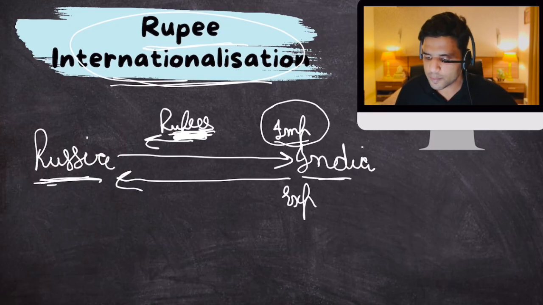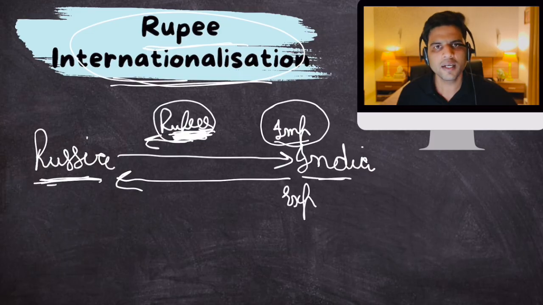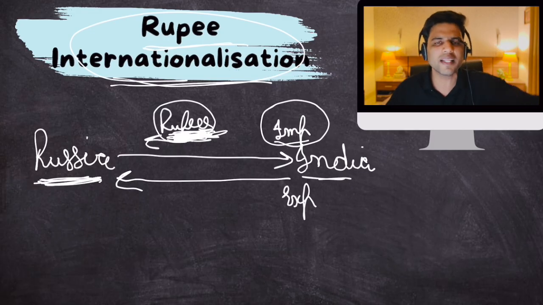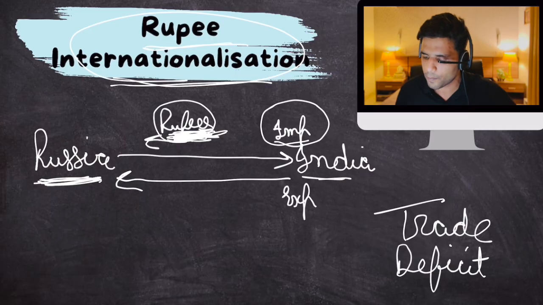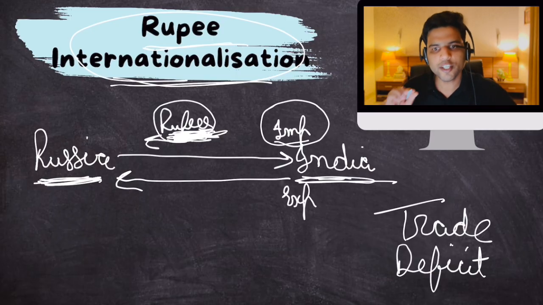So if India is making payments in rupees and Russia is not buying that many goods and services from India, then what good are these rupees collected with Russia? Russia would say, what would I do with these rupees? Because in any case, I'm not buying that much from you. Right? So trade deficit with Russia is a huge problem for India because that reduces the attractiveness of rupees.